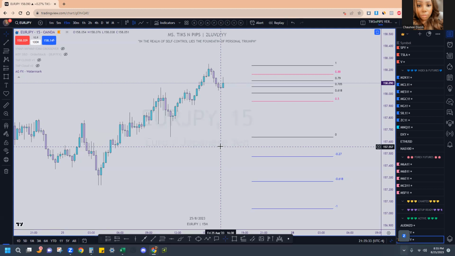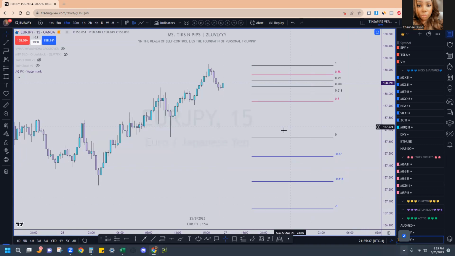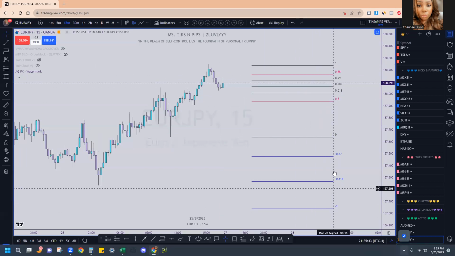So the Fibonacci retracement tool is to help you anticipate the retracement level. All these numbers you see to my right on the Fibonacci are basically percentages of the swing high or swing low. So what we tend to look for is for the retracement to happen past 50% of the move.